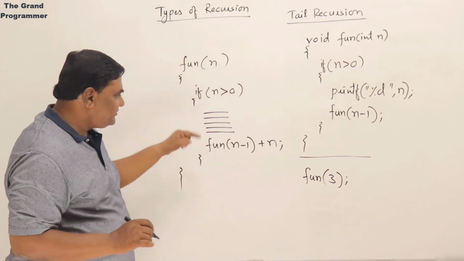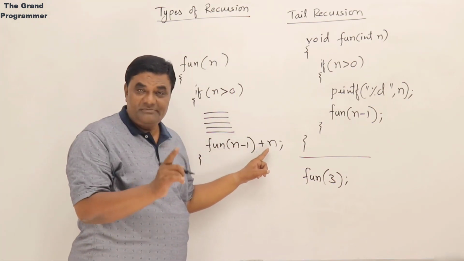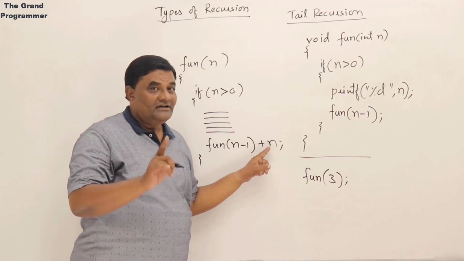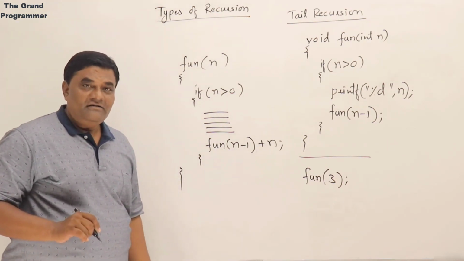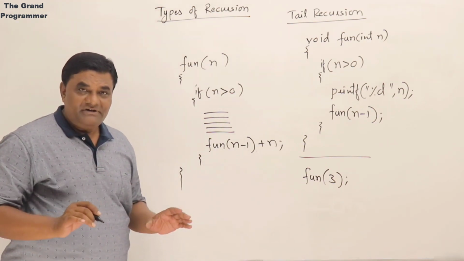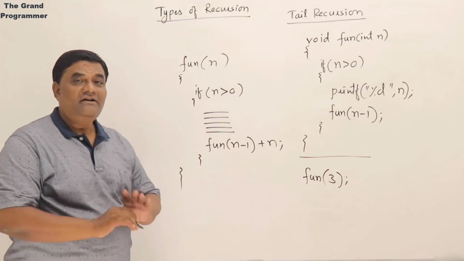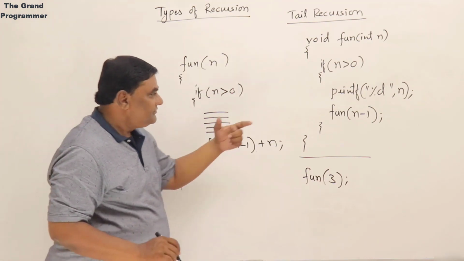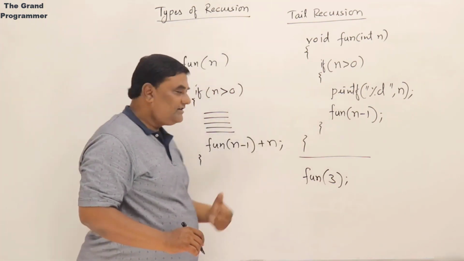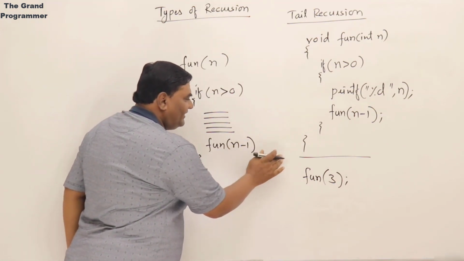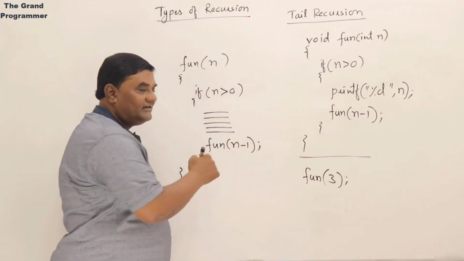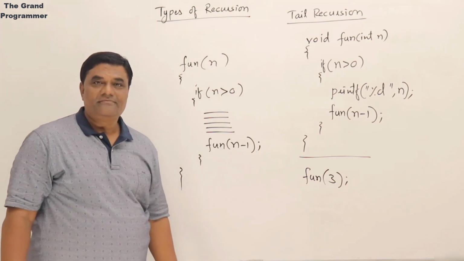So in this function there is something remaining that has to be performed at returning time, so it cannot be a tail recursion. Tail recursion means at returning time it doesn't have to perform anything at all. So this is a perfect example of tail recursion, or else if I remove any processing here, then it is a tail recursion.